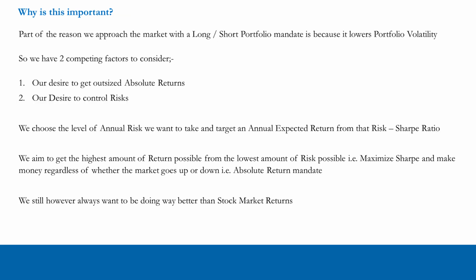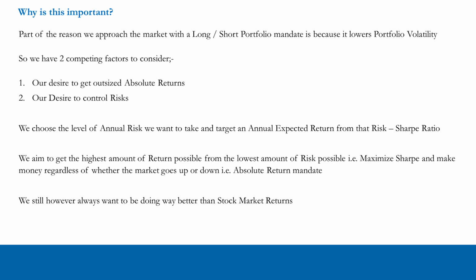Now, part of the reason why we approach the market with a long short portfolio mandate is because it lowers the portfolio volatility. This is a nice thing to have. But we have two competing factors that we have to consider. We have our desire to get outsized absolute returns. We also have our desire to control risk. And these are two competing factors. So what we have to do as traders is take a sensible approach.